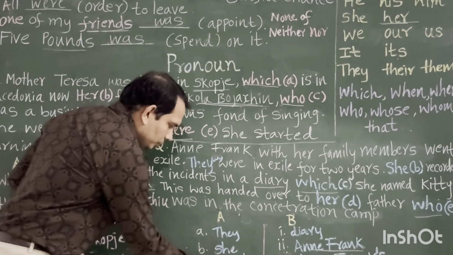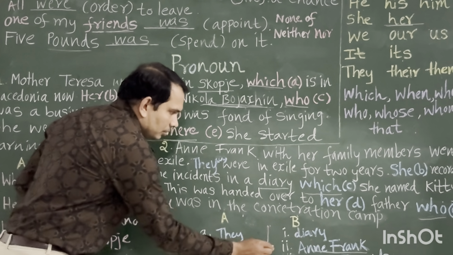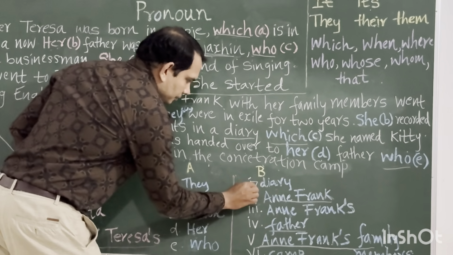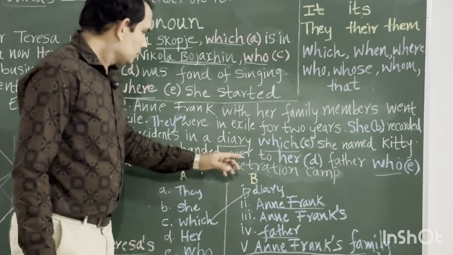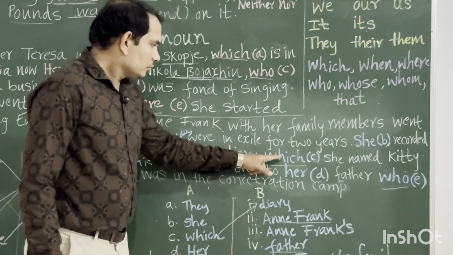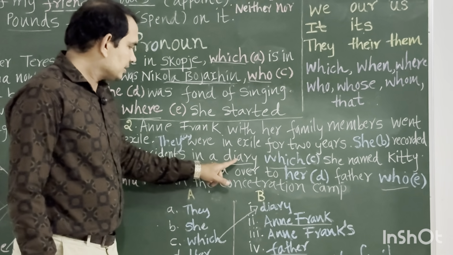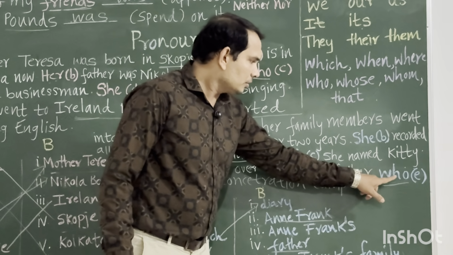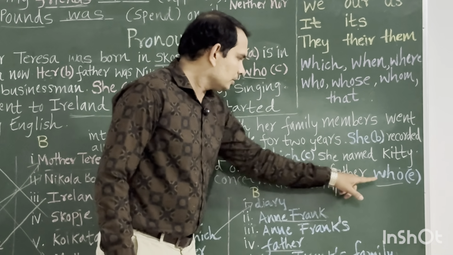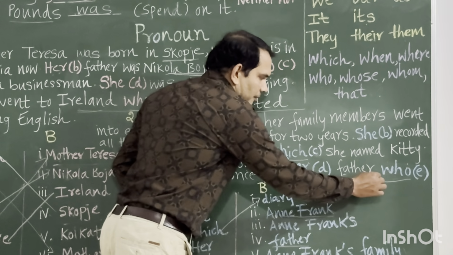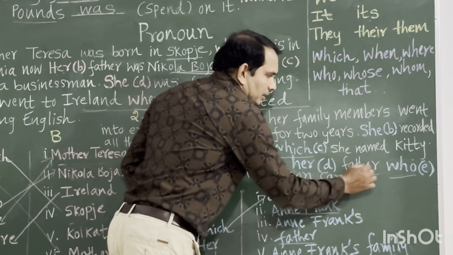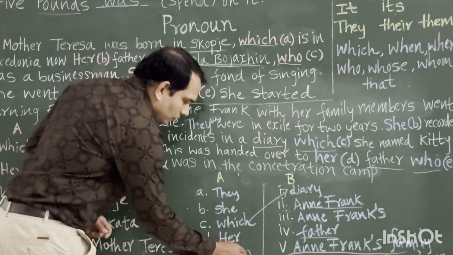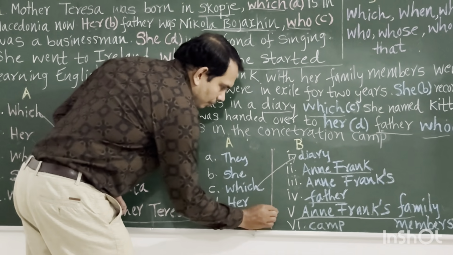So, to which, the answer is diary. To this relative pronoun, who, the answer is father, the word that comes before the relative pronoun.